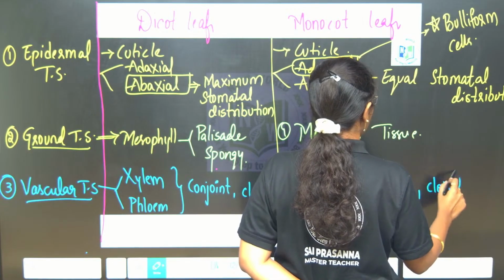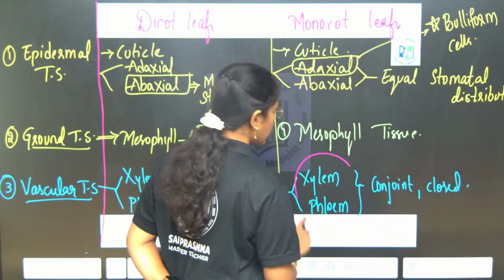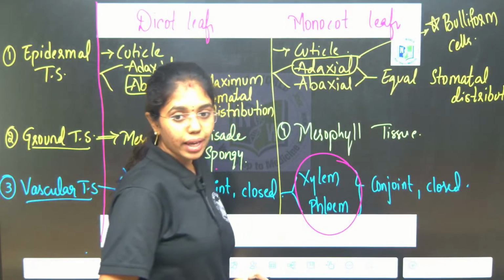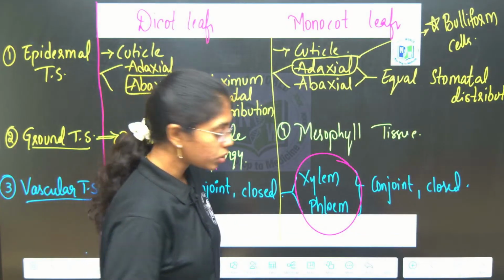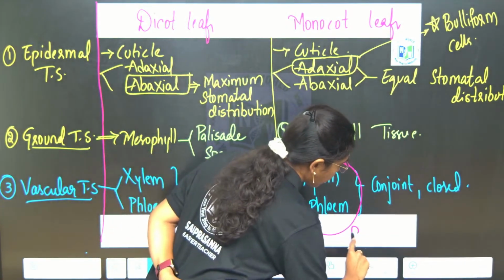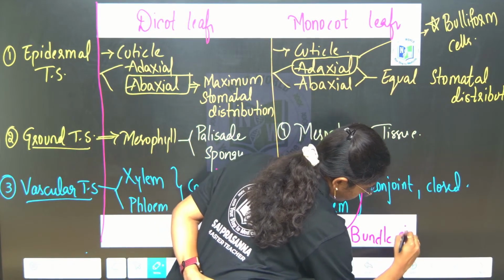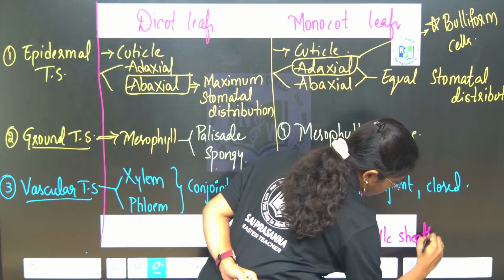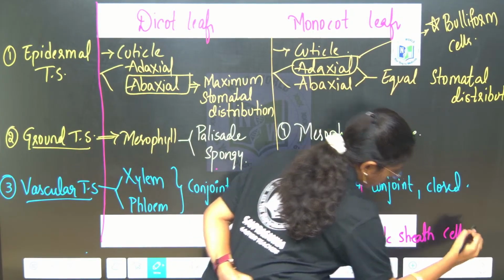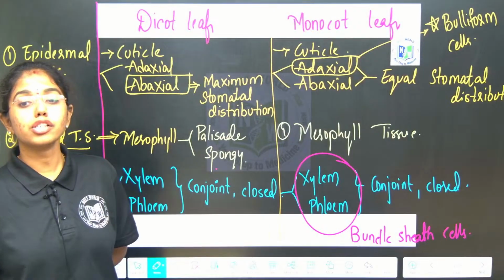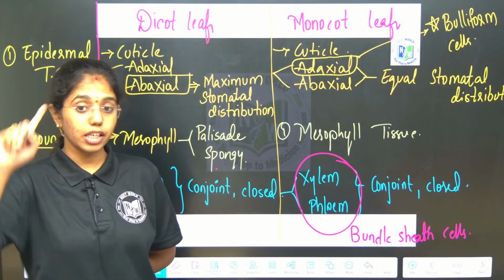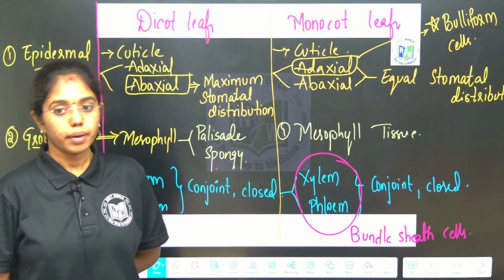Here one more added feature: surrounding xylem and phloem, more than two to three layers of bundle sheath cells are present. You will learn about bundle sheath cells under Kranz anatomy, where the C4 pathway will be operated, in plant physiology.